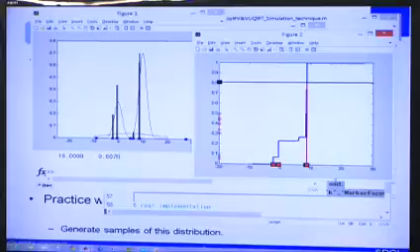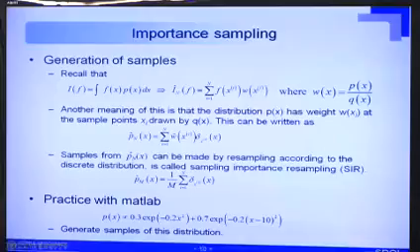Many people are using this method when they talk about importance sampling. But will this method still be better than rejection sampling?